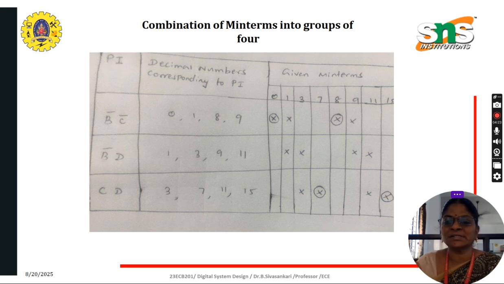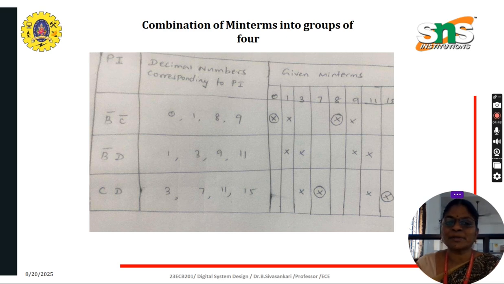Column-wise, you have to encircle the single minterms. While you mark and encircle like this, you can see B bar D is left out. Okay. So the essential prime implicants, where they are available, are B bar C bar and CD; these are said to be the essential prime implicants.